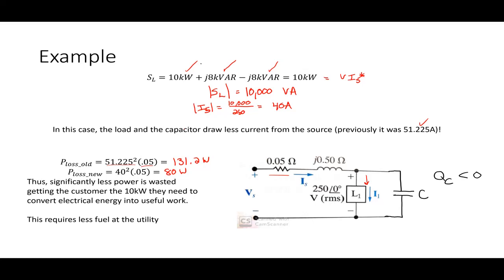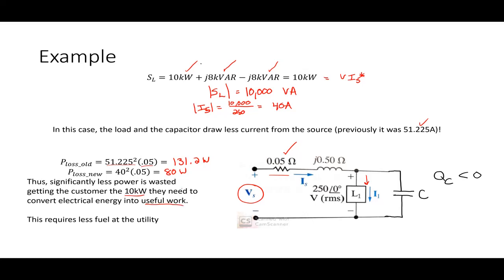The key thing is significantly less power is wasted by the utility. Less current needs to be sourced by V sub S, which means less loss in these lines, which basically means less primary energy is required by the utility. In other words, less fuel is required to get you the 10 kilowatts you need to do useful work.